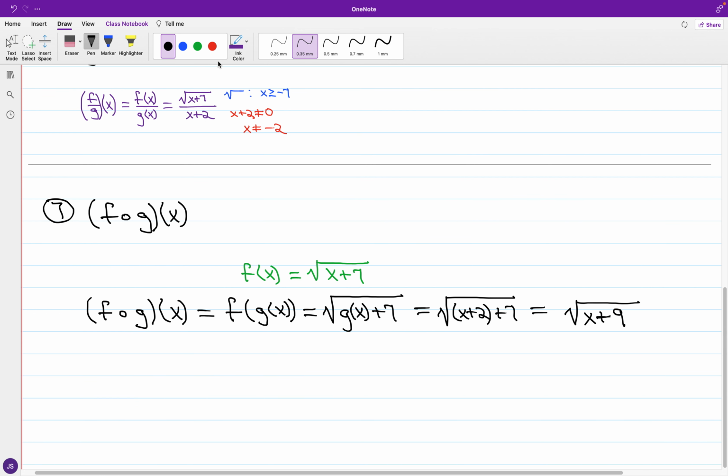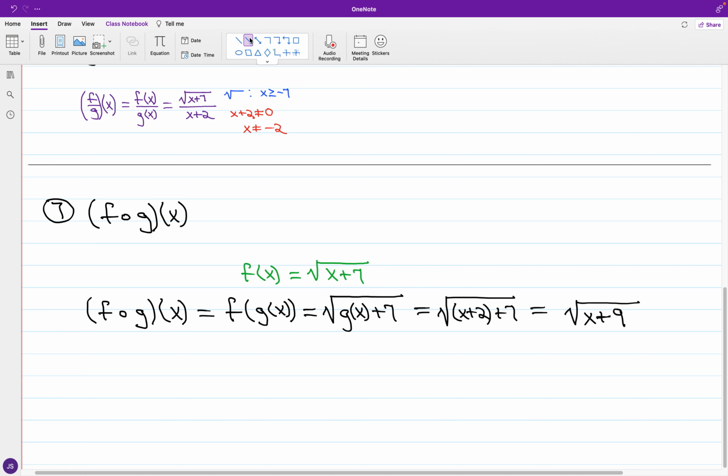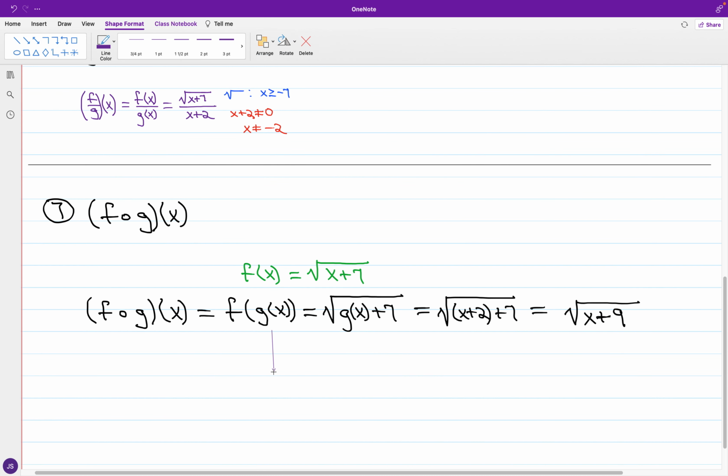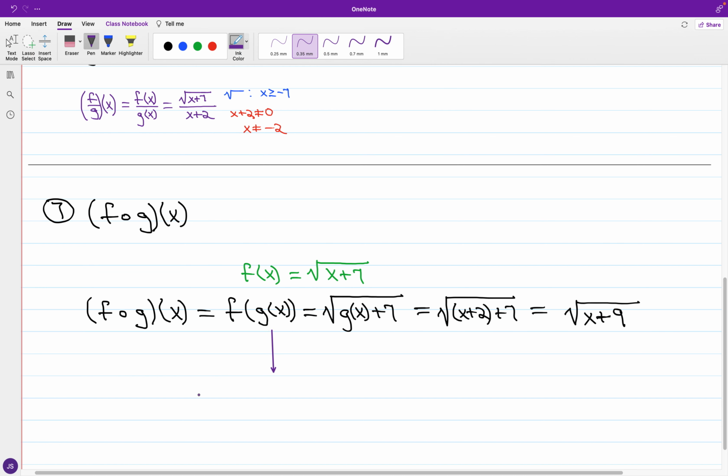Okay, and so what's going to be entailed, okay, in terms of the domain of that particular composition? Okay, so we have the input at g of x, which is equal to x plus 2, and just g of x.